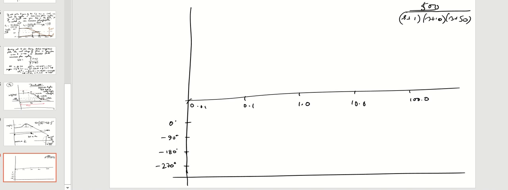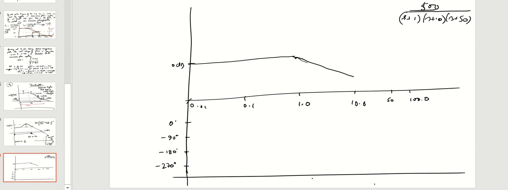Okay. So we quickly drop on the 0 dB line here. Of course we go all the way up to 1 without much of a care in the world, and then we have 10, and then somewhere here we have 50.